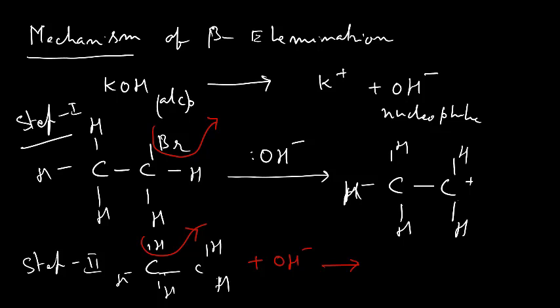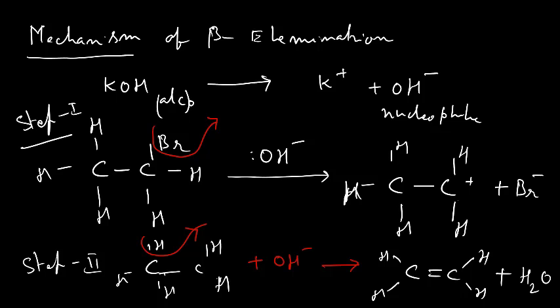Therefore we get alkene. The hydrogen present on the beta carbon and this OH combine and form water, and of course Br minus also forms here. So this is the mechanism.